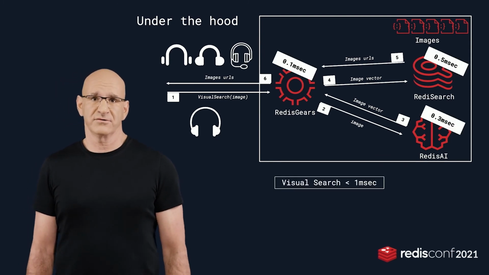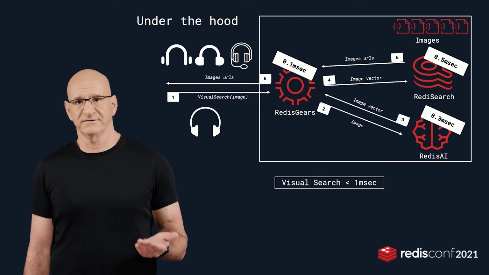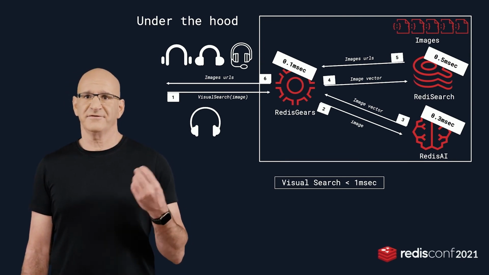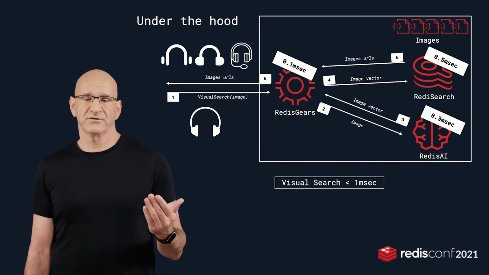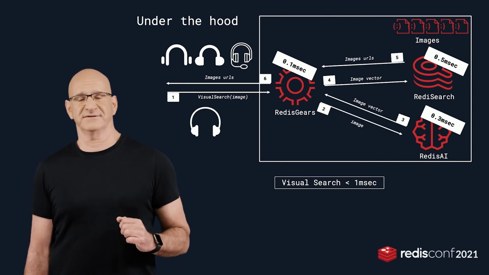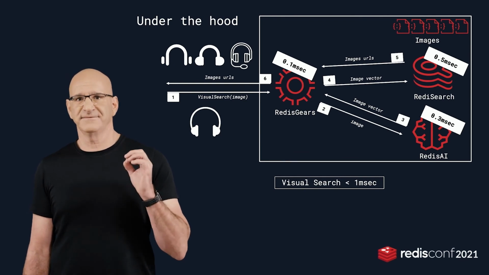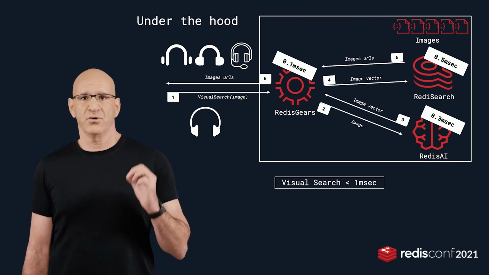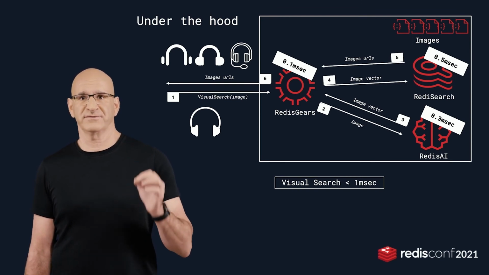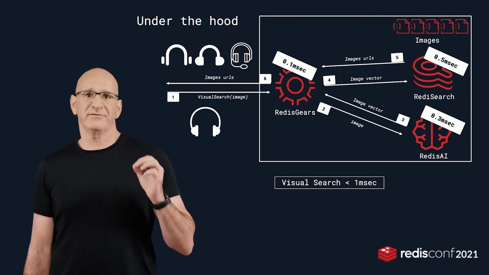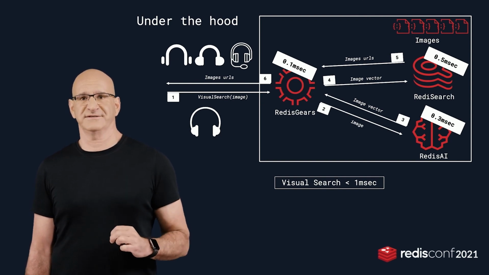Let's take a closer look at how long it takes to execute this flow. The inferencing phase, in which RedisAI translates an image to a vector, takes around 300 microseconds. Our vector similarity search algorithm works in a near constant time of no more than 500 microseconds, even with a collection of millions of images.